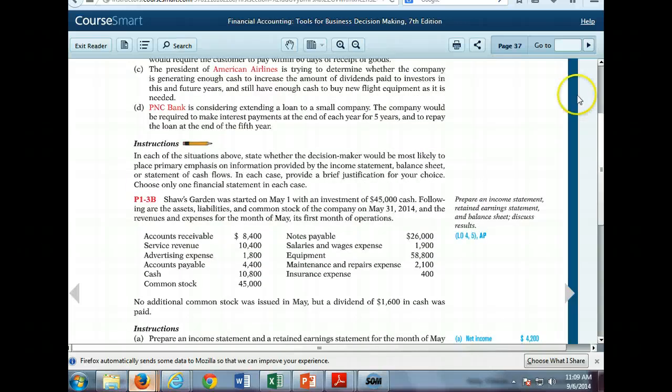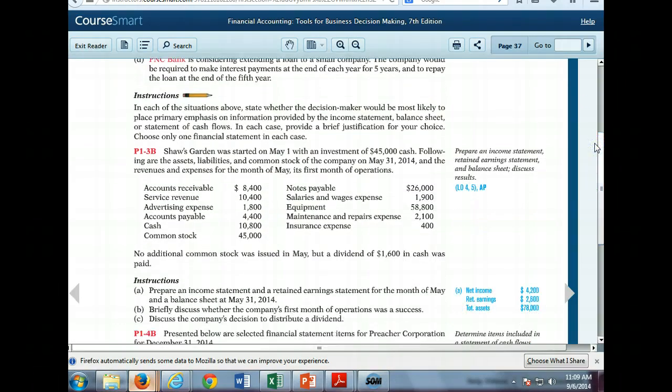Shaw's Garden was started on May 1st with an investment of $45,000 cash. Following are the assets, liabilities, and common stock of the company on May 31st, 2014, and the revenues and expenses for the month of May, its first month of operations.